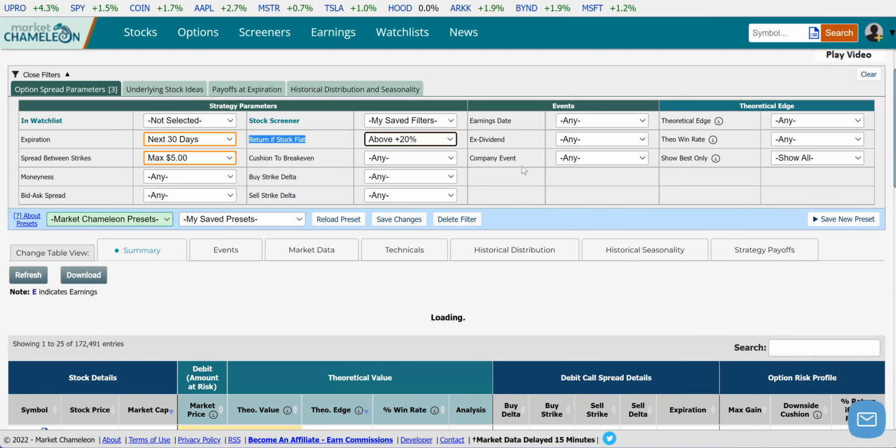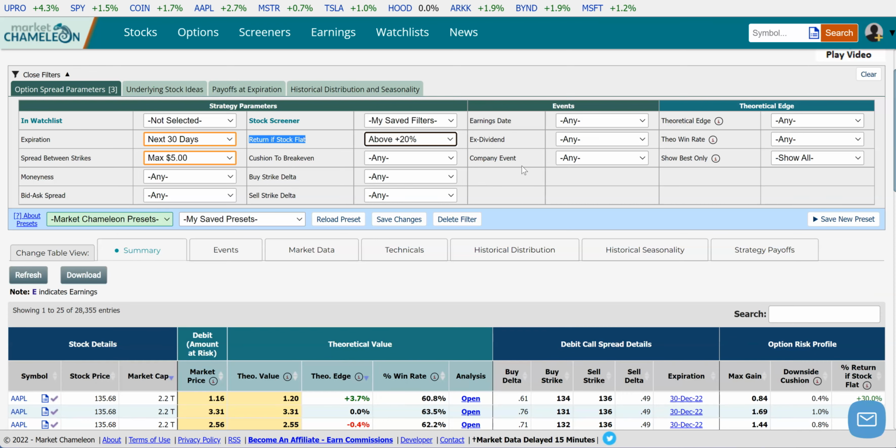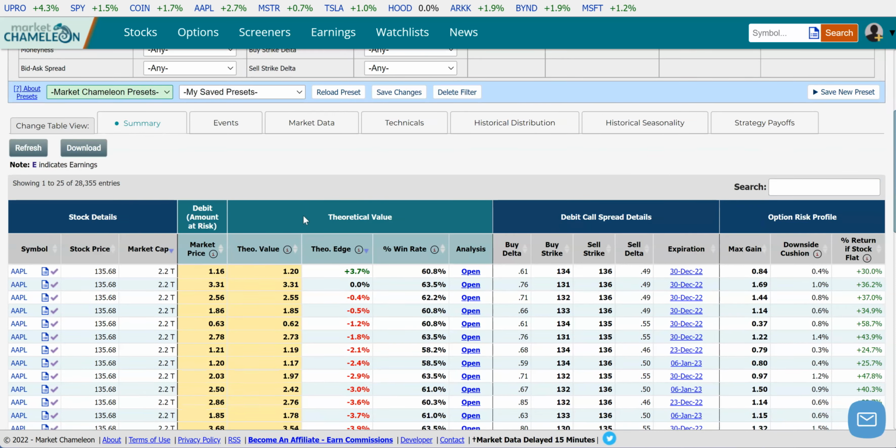Okay, so we have less than 30 days to go. We want to get a pretty decent return, at least 20%, and the stock doesn't really have to do much. It has to either sit there or go higher. So let's take a look at what it popped in. And here we see Apple. The stock's up at $135.68.